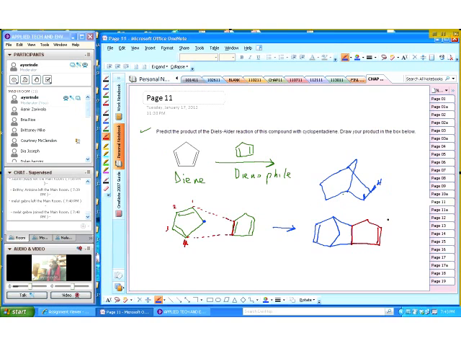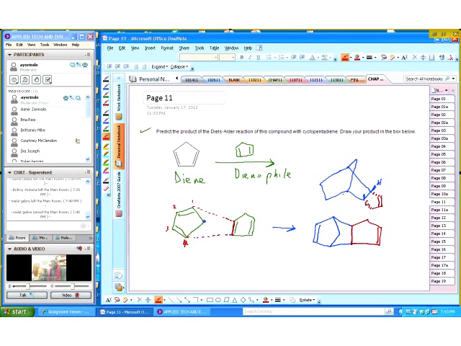And then this here. The endo product will be the opposite of this here, so it will be right here.